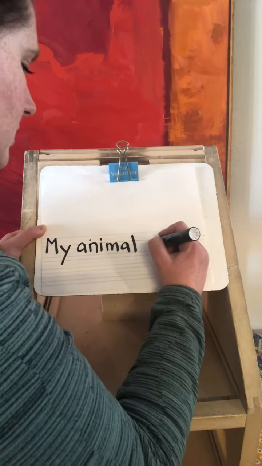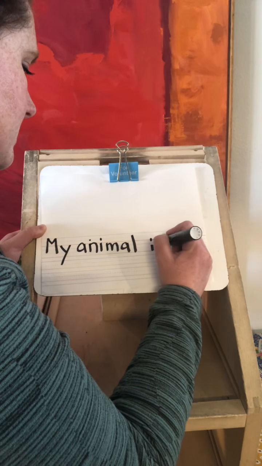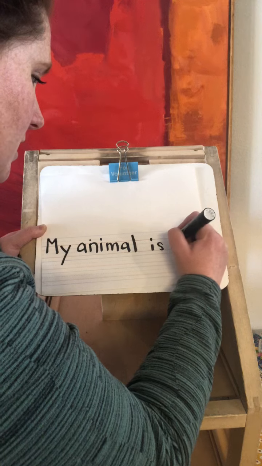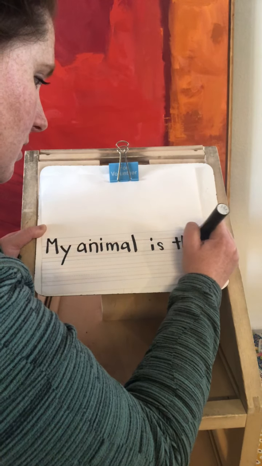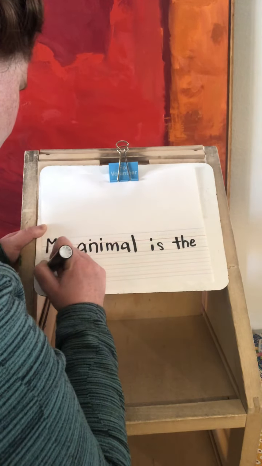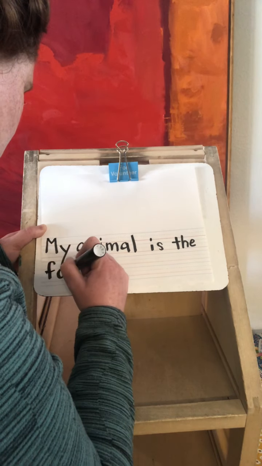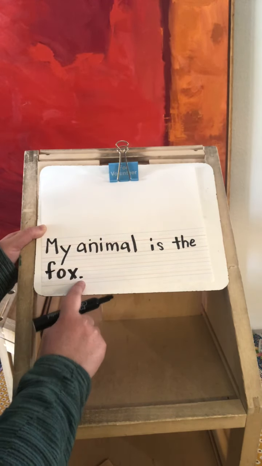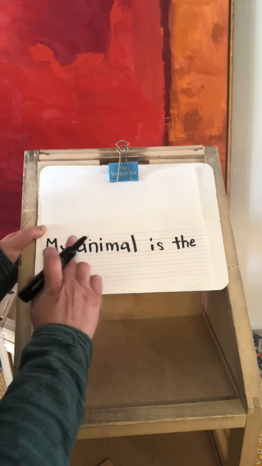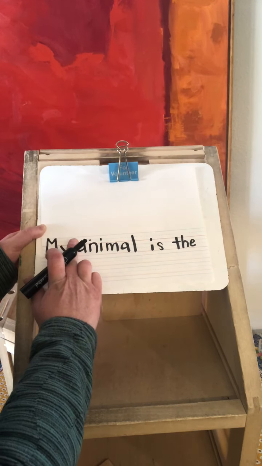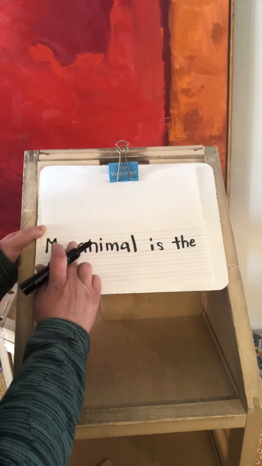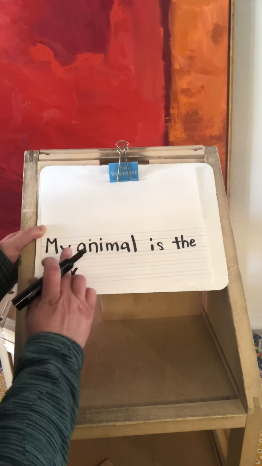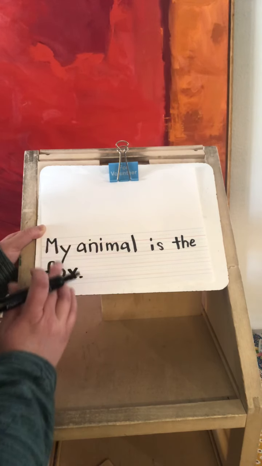My animal is the fox. Now notice I put an end mark and I made sure to put those finger spaces in. Now I didn't do it because Miss Fultz has had a lot of practice, but if you need to get your fingers in there, get your fingers in there.